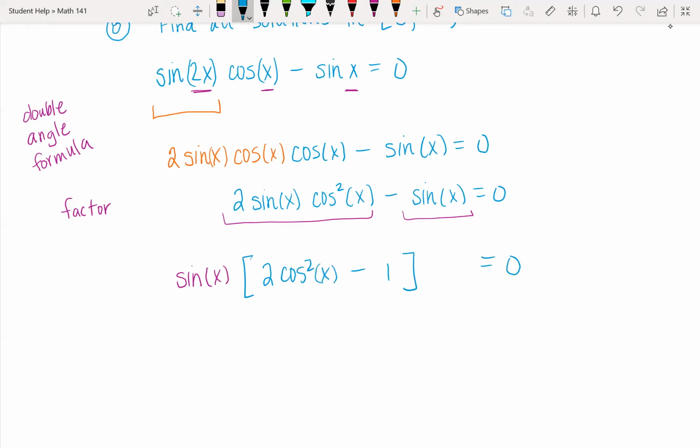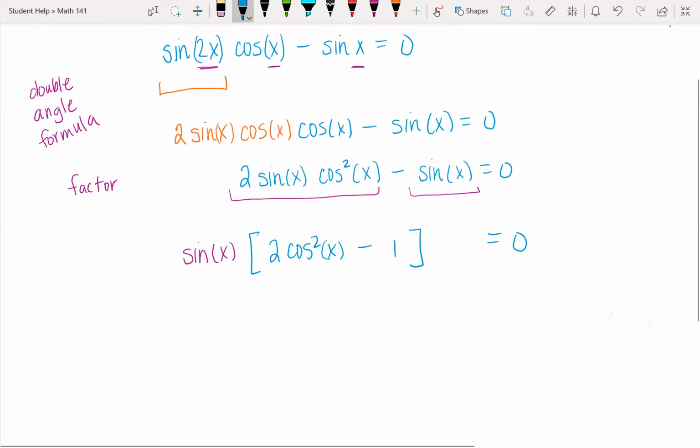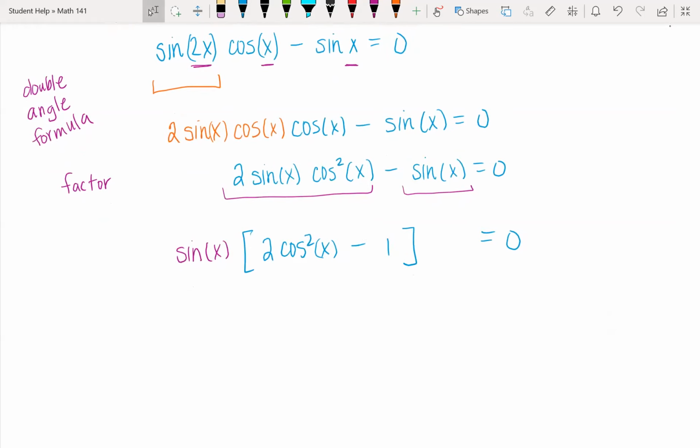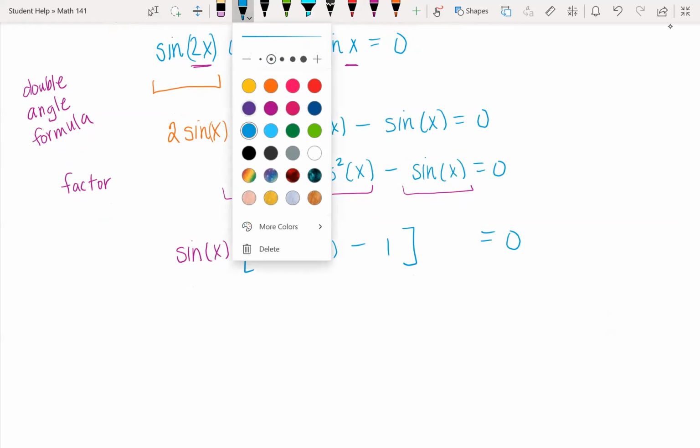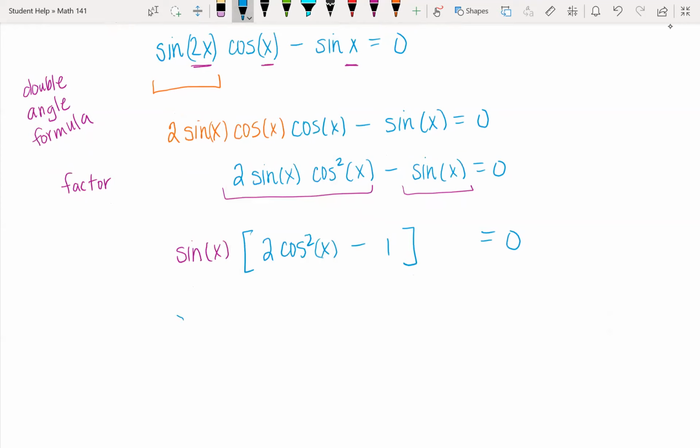I just divided both terms by sine of x, pulled that out to the front. I've got 2 items that are being multiplied together that equal 0, so I can split them. I can say that means that either sine of x is equal to 0 or 2 cosine squared x minus 1 is equal to 0.